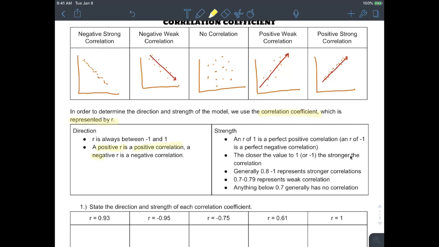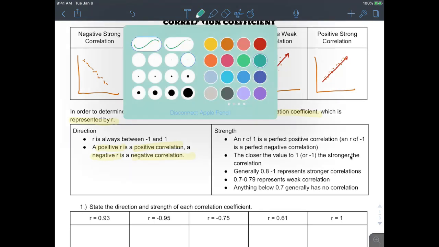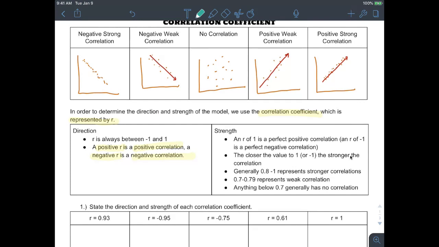And if the R value is negative, we have a negative correlation. So it looks kind of like this. The strongest correlation would be R is equal to 1. And also strong would be R is equal to -1. No correlation is right here in the middle at R is equal to 0.